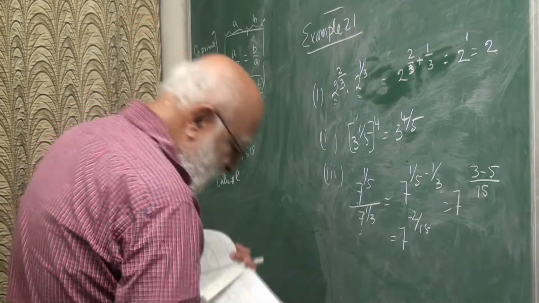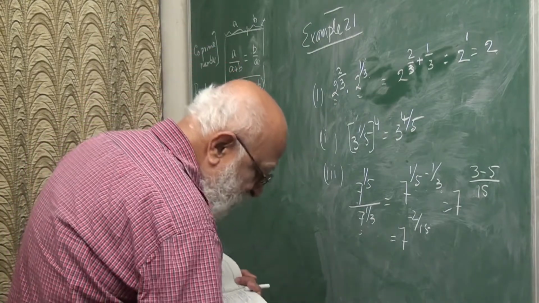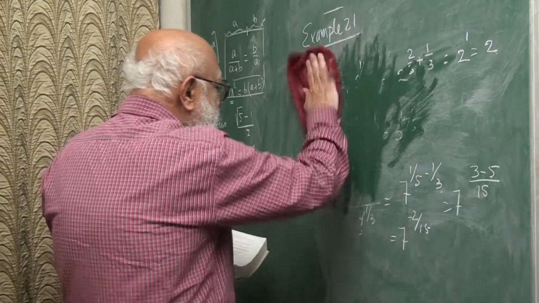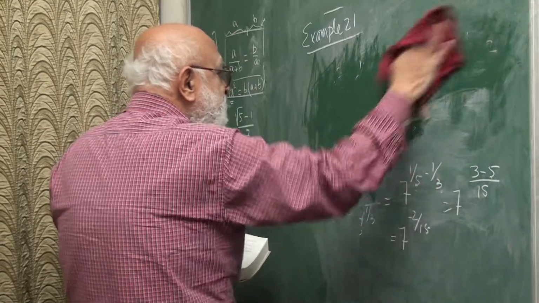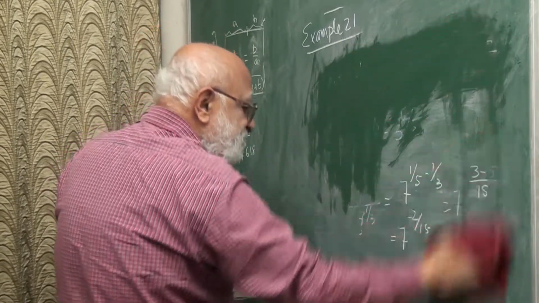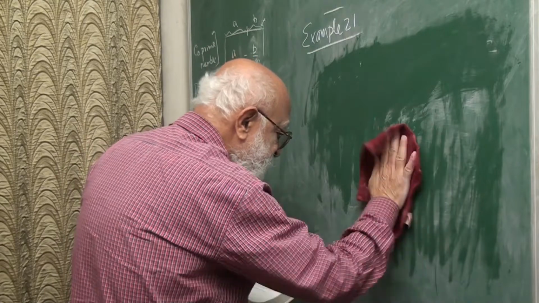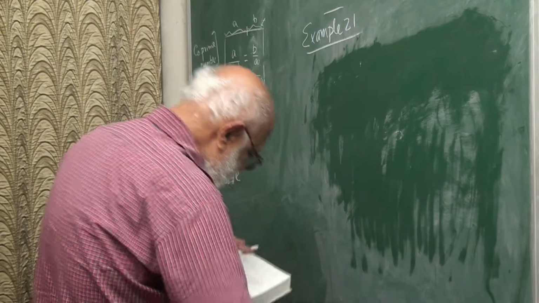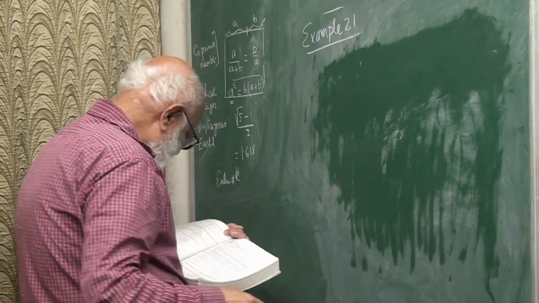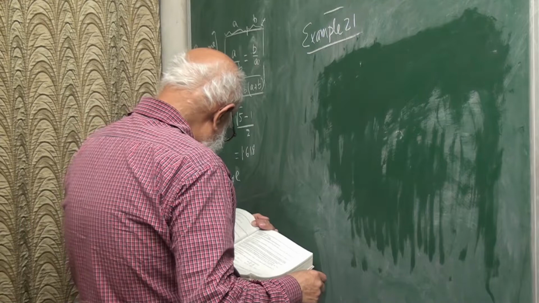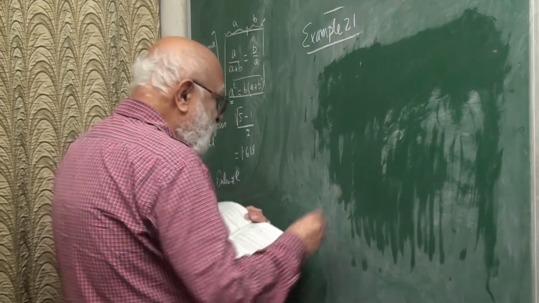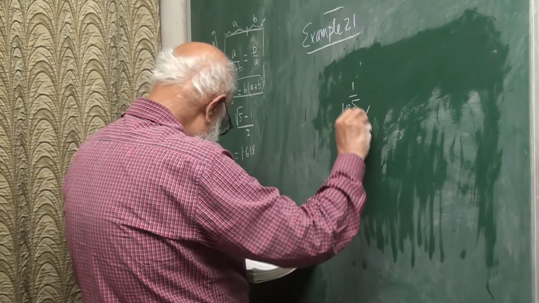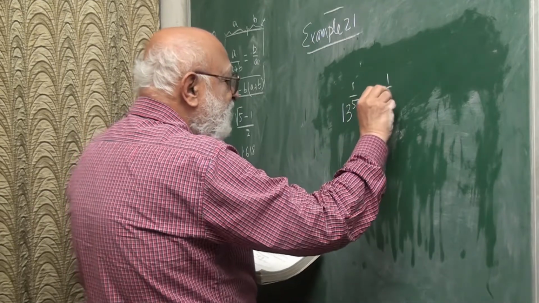And another example we will do. This example is here. We will erase it and do the example. Okay, now this comes out to be a little bit similar: 13 to the power 1/5 into 17 to the power 1/5.